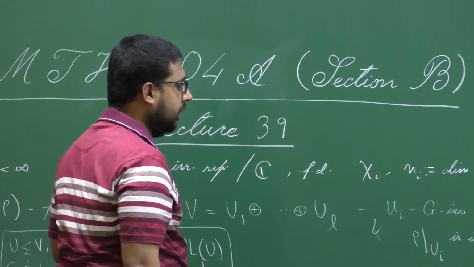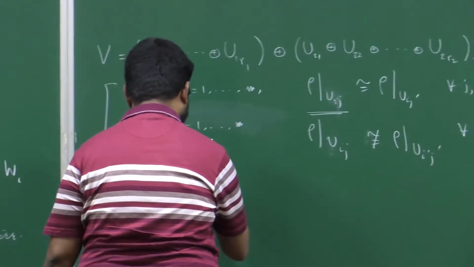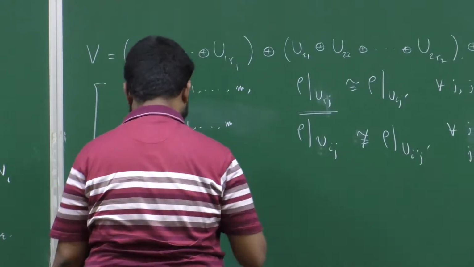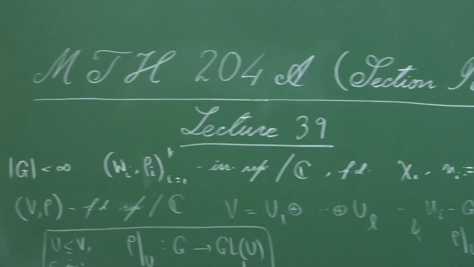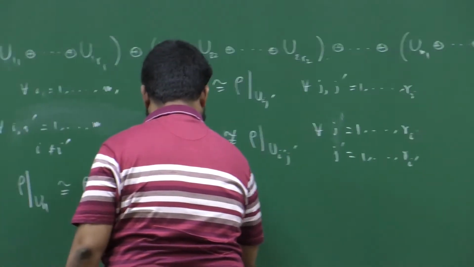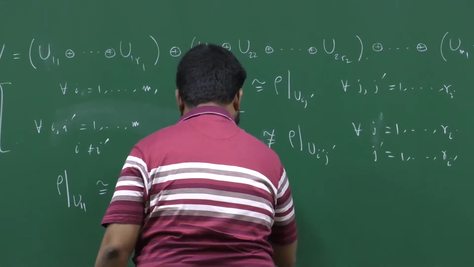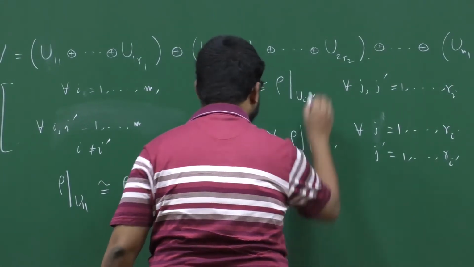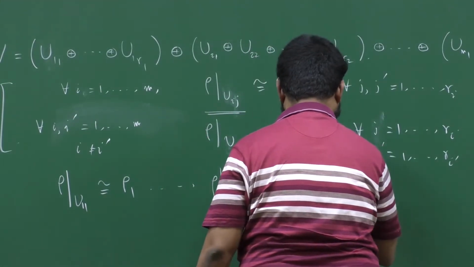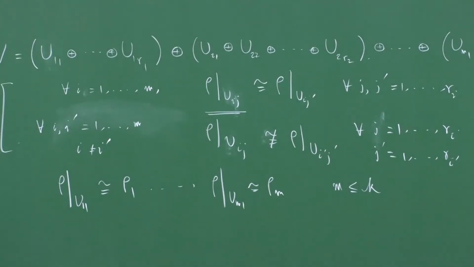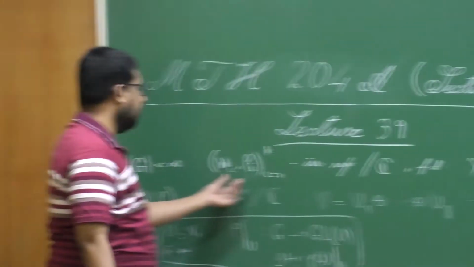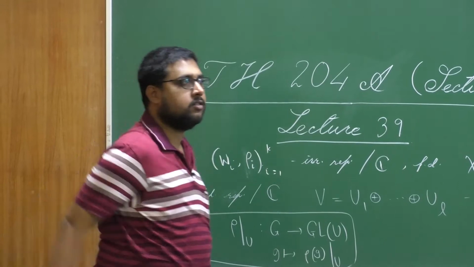By relabeling I can assume that this is isomorphic to rho_1. Similarly, we can assume that U_m1 is isomorphic to rho_m. Of course here m has to be less than or equal to k, because up to isomorphism we have just assumed there are only k such possibilities.